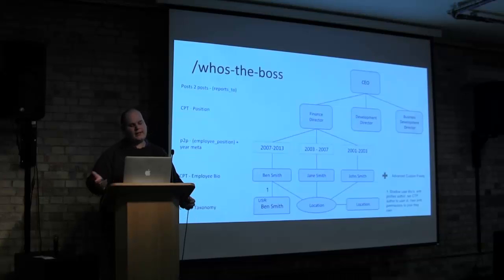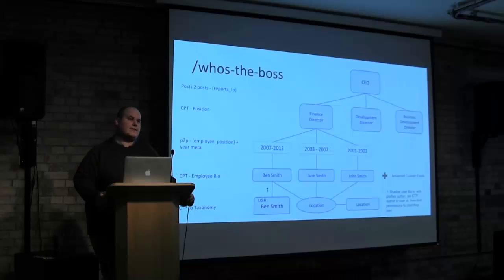So you can say, okay, they served between 2007 and 2013. They've done an all right job, so I'm going to give them a 5. And then you could query that position, who worked for it, within those dates, within a rating. That's what the type of relation allows you to do.